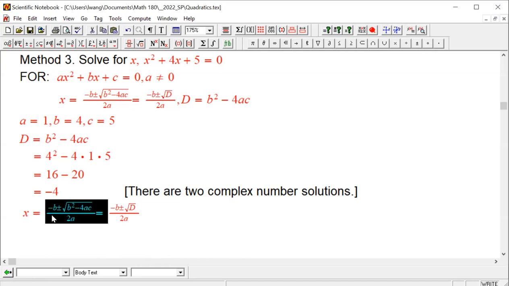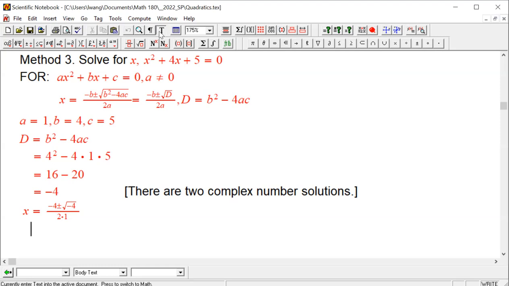I'm just going to use the quadratic formula, and this is going to be -4, and B is 4, A is 1. We put it in. Now what do we got? So the denominator is a 2.